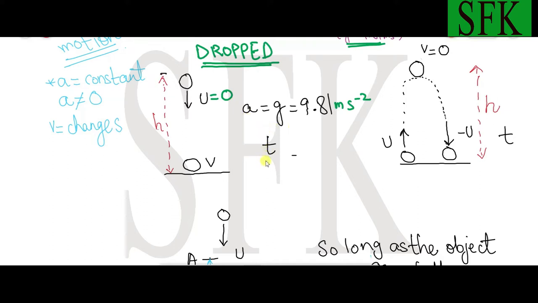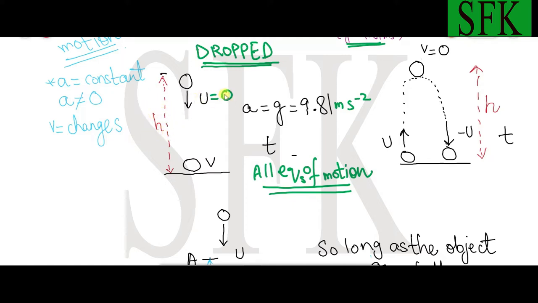All the equations of motion are applicable on free fall motion because this is a uniformly accelerated motion. For example, we need to find the height through which the ball has fallen.